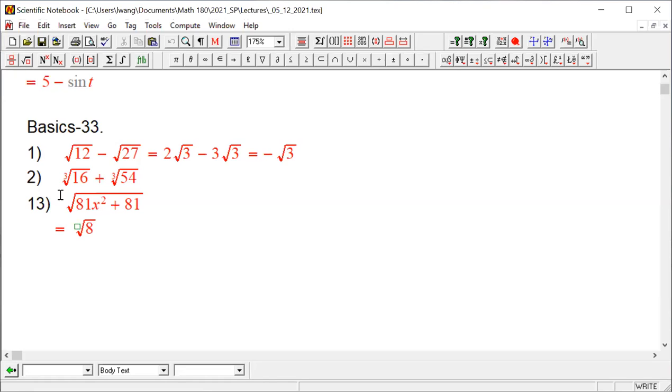In this case, we have x squared plus 1. And the square root of 81 is 9, and that's out.